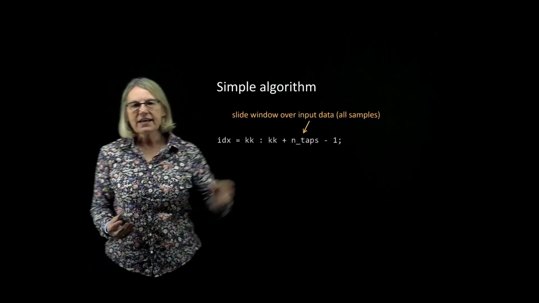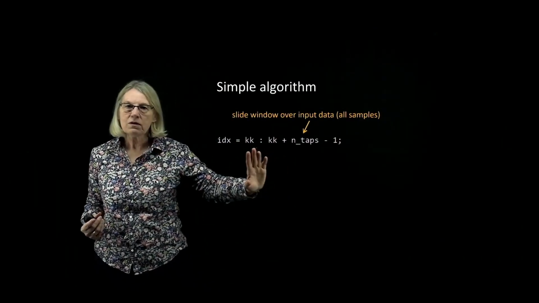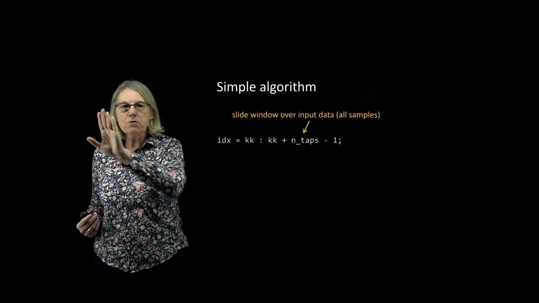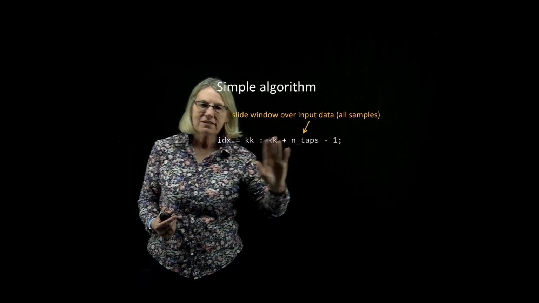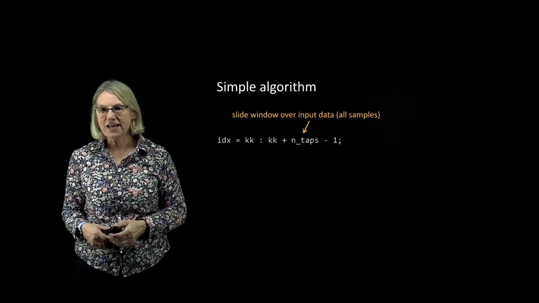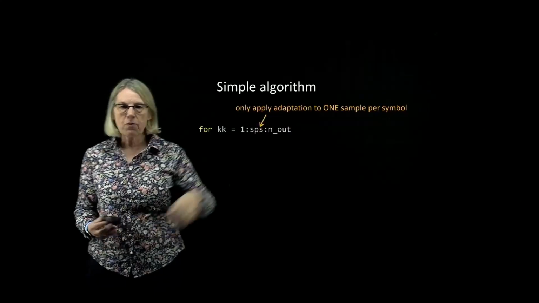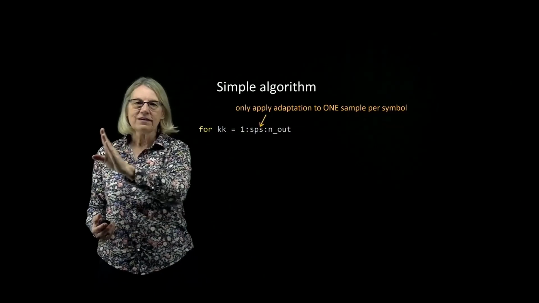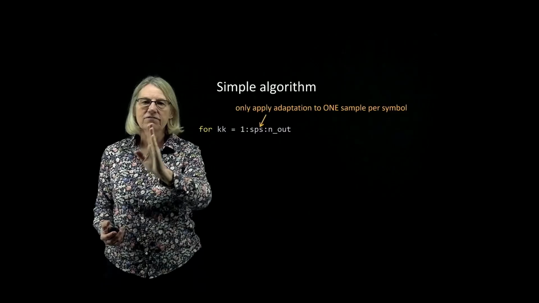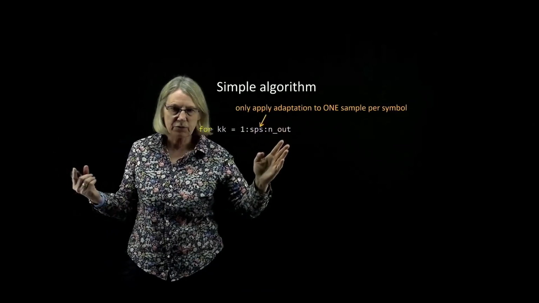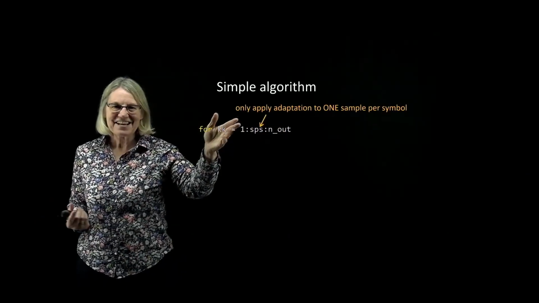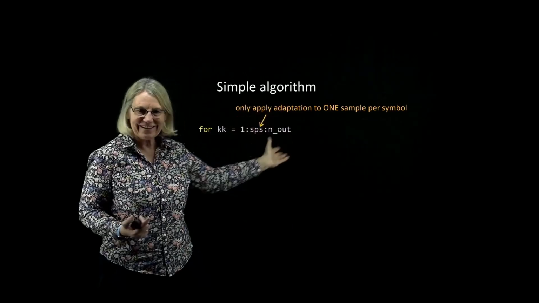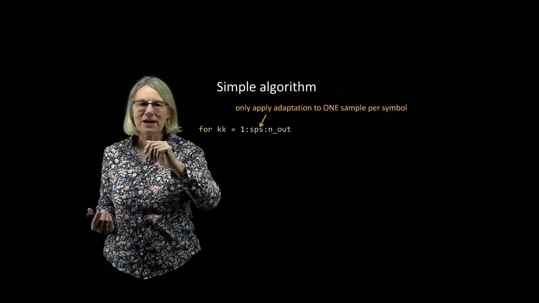So I set here a sliding window, so I am moving my filter taps across my entire data set. At some point I start at 0.1, later I'm going to start at 0.5. I'm not sure what number I'm using for samples per symbol here, and certainly in the example we're going to see it's going to be 2 samples per symbol.